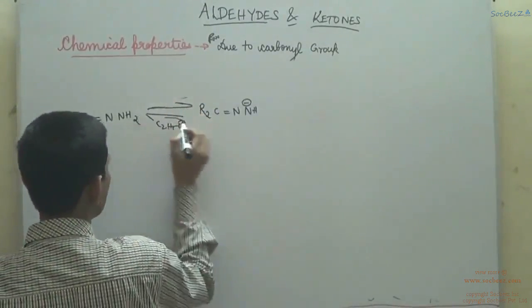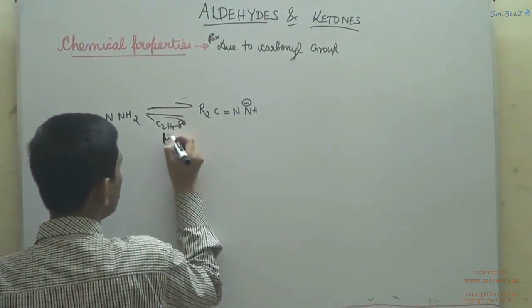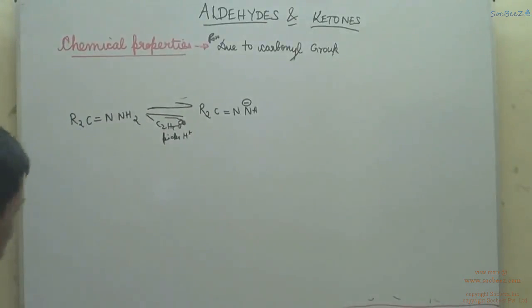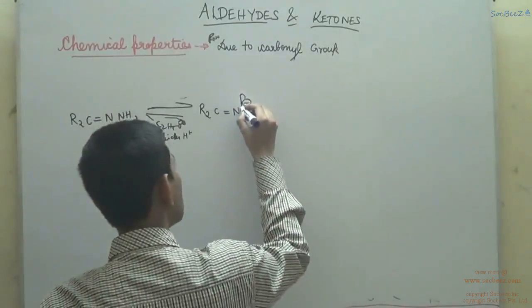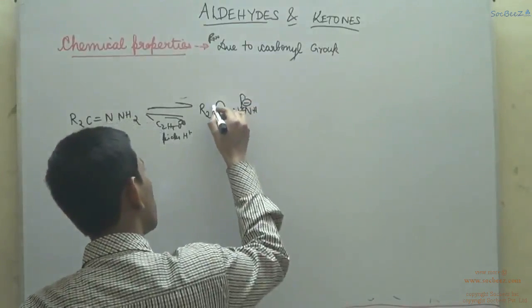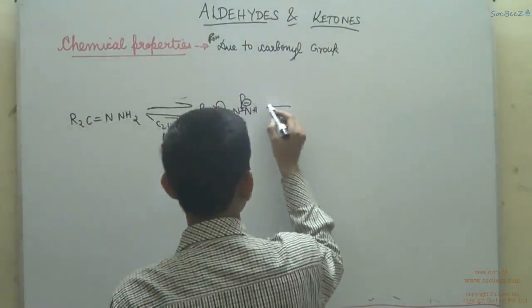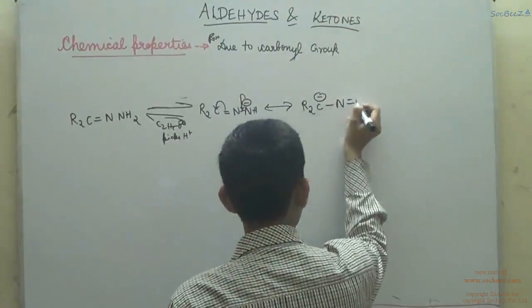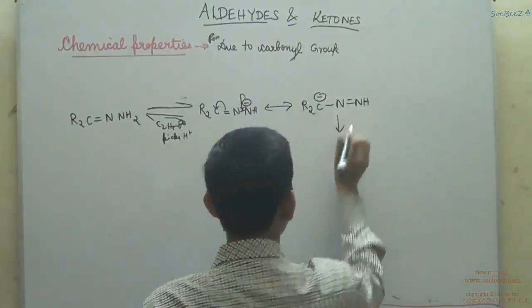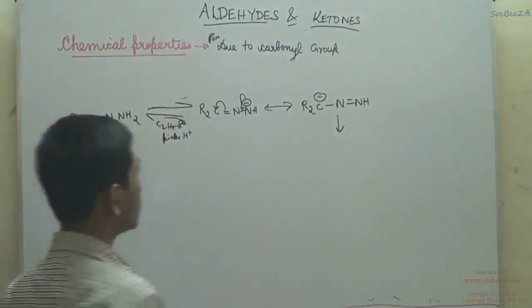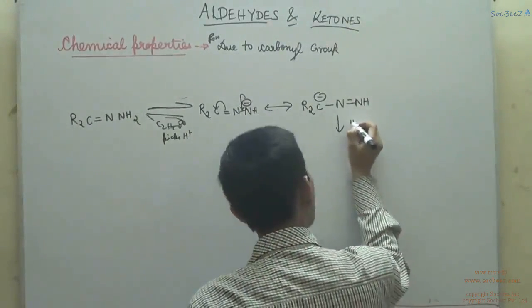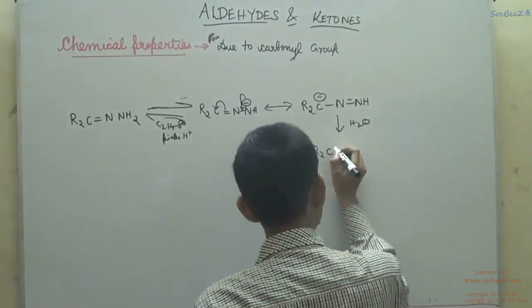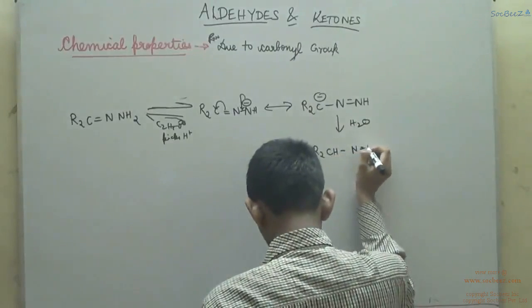So this picks up this hydrogen atom, H plus. Therefore you get a minus charge. This tries to form a double bond with nitrogen. This lone pair of electrons goes to carbon, and you have basically its resonance structure with C minus and double bond NH. This is the portion which reacts in this Wolff-Kishner reaction, this resonance structure, and you add water to it. So what do you have? This being negative, H gets added here, and then N double bond NH.